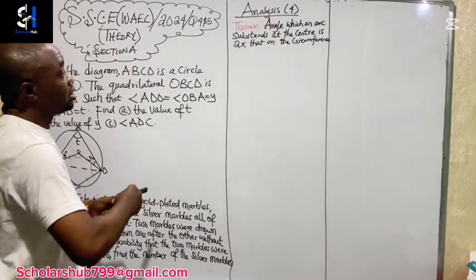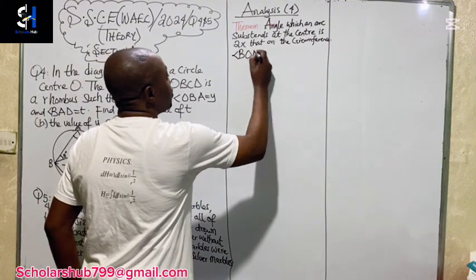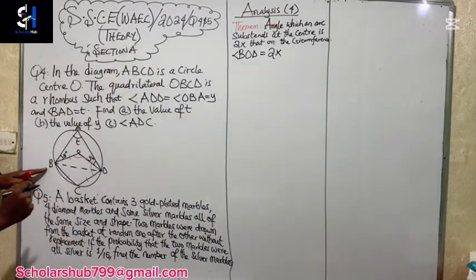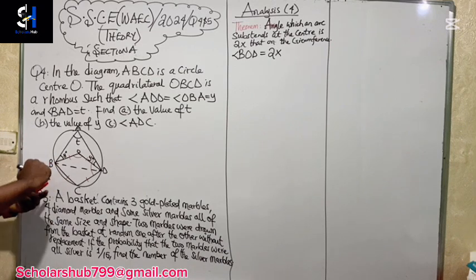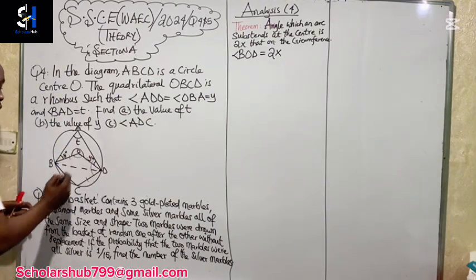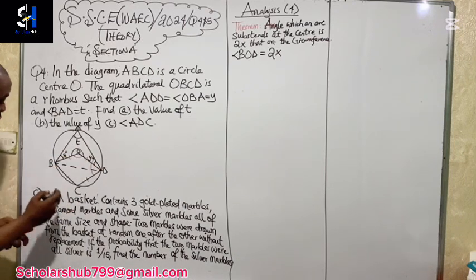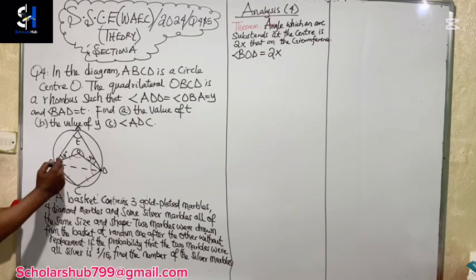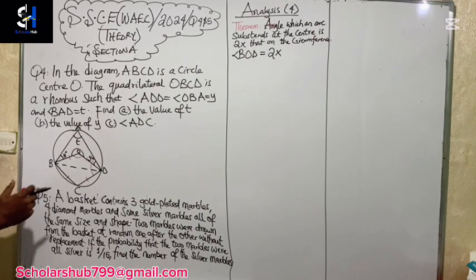Because BOD is the angle at the center, we can now write angle BOD is 2 times the angle subtended on the circumference. Now, we have two angles at the center. There's a reflex angle BOD, which is this angle. The angle which the reflex angle BOD subtends on the circumference will be BCD, so we're not going to use that. But this other angle subtends angle A on the circumference.